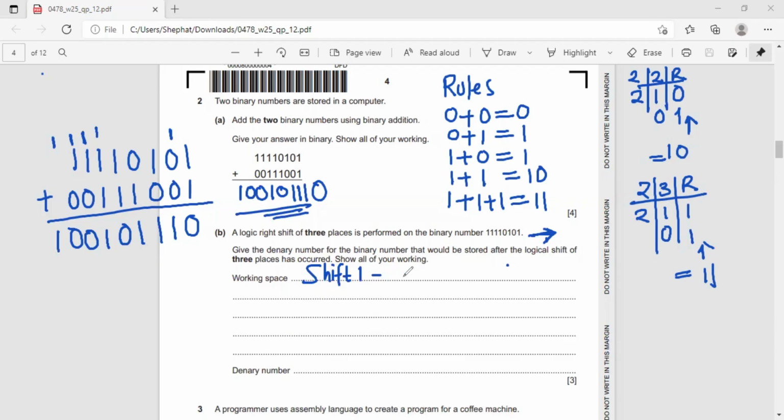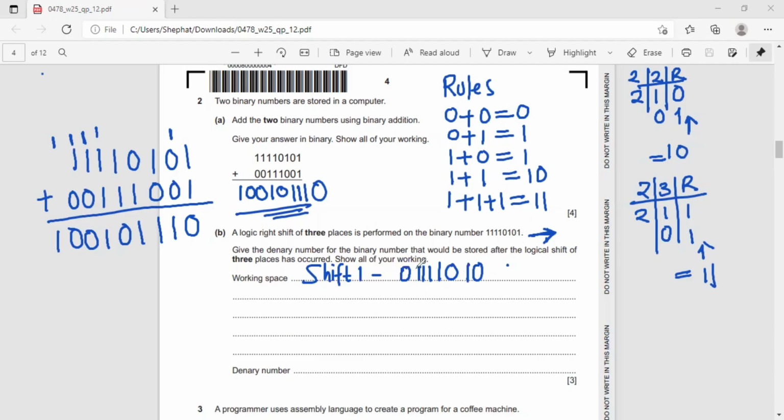So it will be 0, 1, 1, 1, 1, 0, 1. So we've shifted this, and this has gone beyond. So this one is lost.